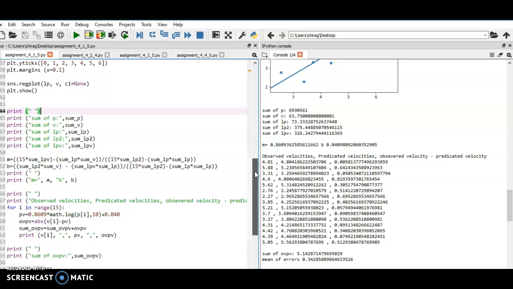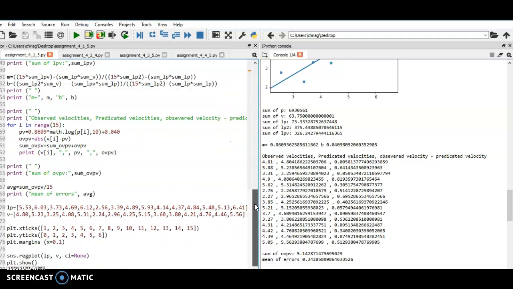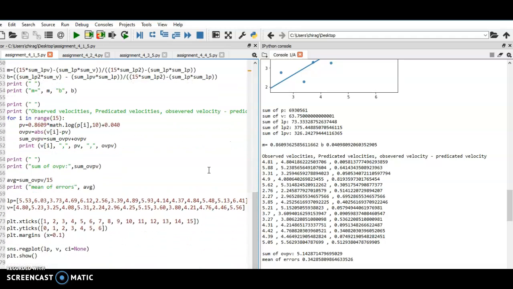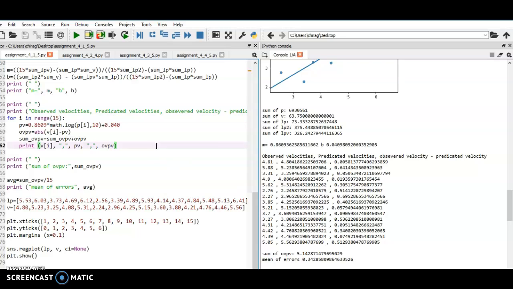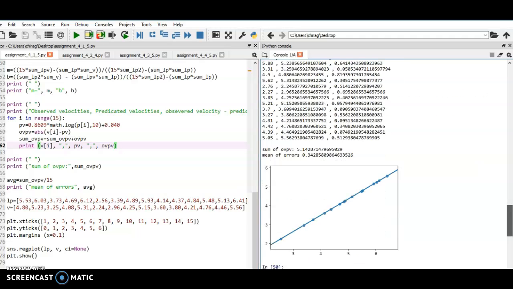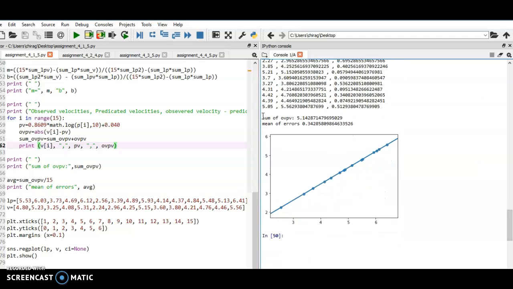Then we calculate the mean of errors using the absolute difference of observed velocity and predicted velocity. Then we generate another plot using predicted velocity, and as you can see in the output, the dots are much closer to the regression line.